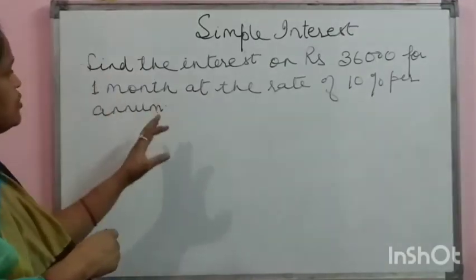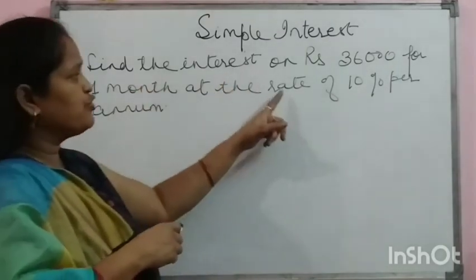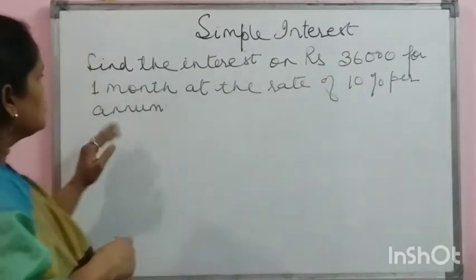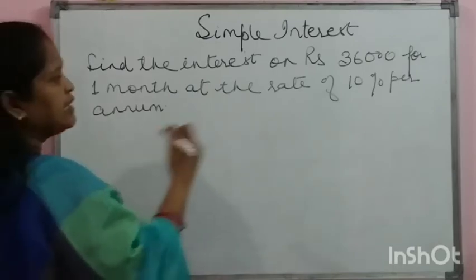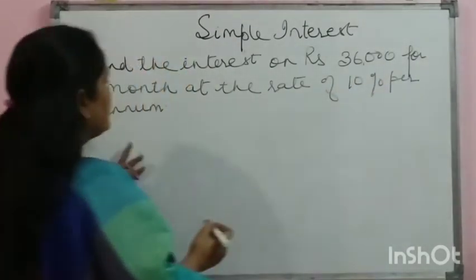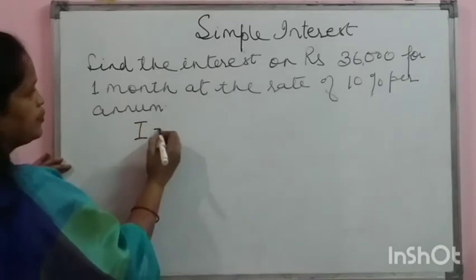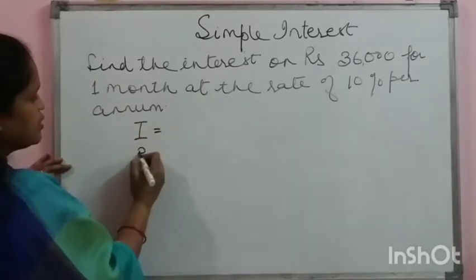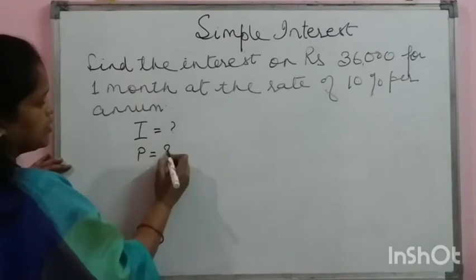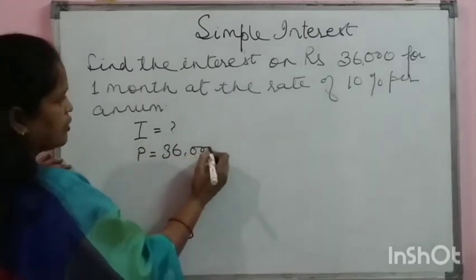So next question is, you have to find the interest on rupees 36,000 for 1 month at the rate of 10% per annum. So here you have to find what I. Your principal is 36,000. Right?